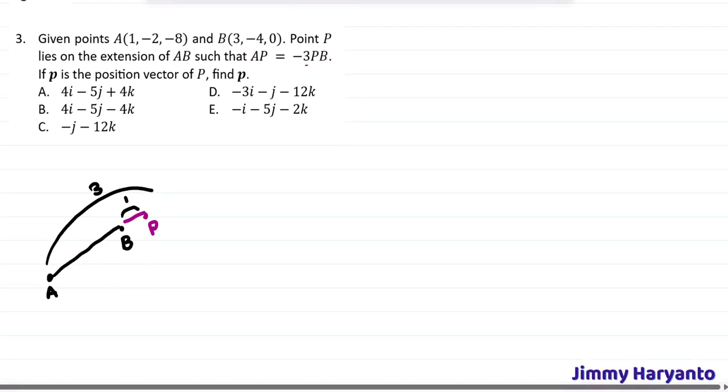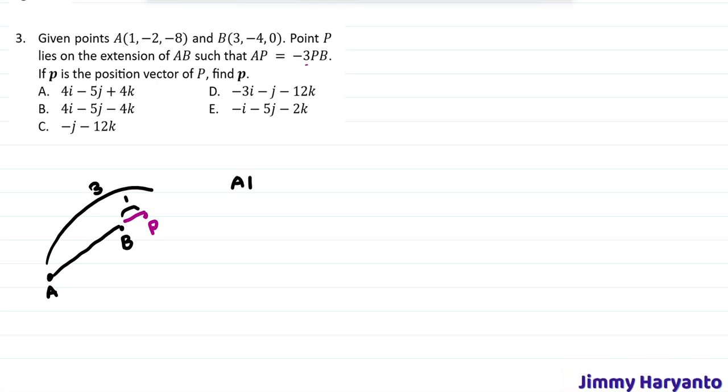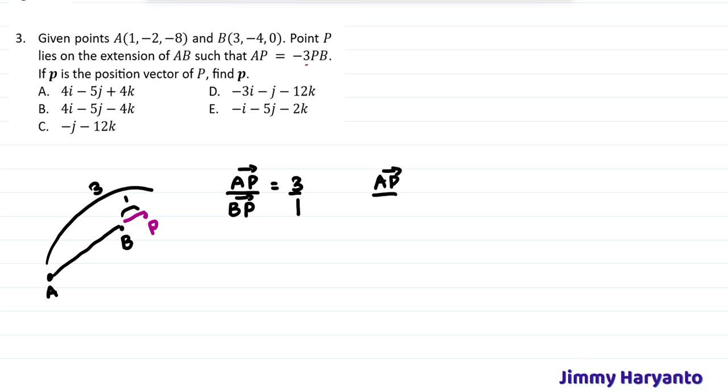Then find the position vector of P. For this one, we can use AP to BP equals 3 to 1, or you can say AP to PB equals negative 3 to 1. Let's use this one.